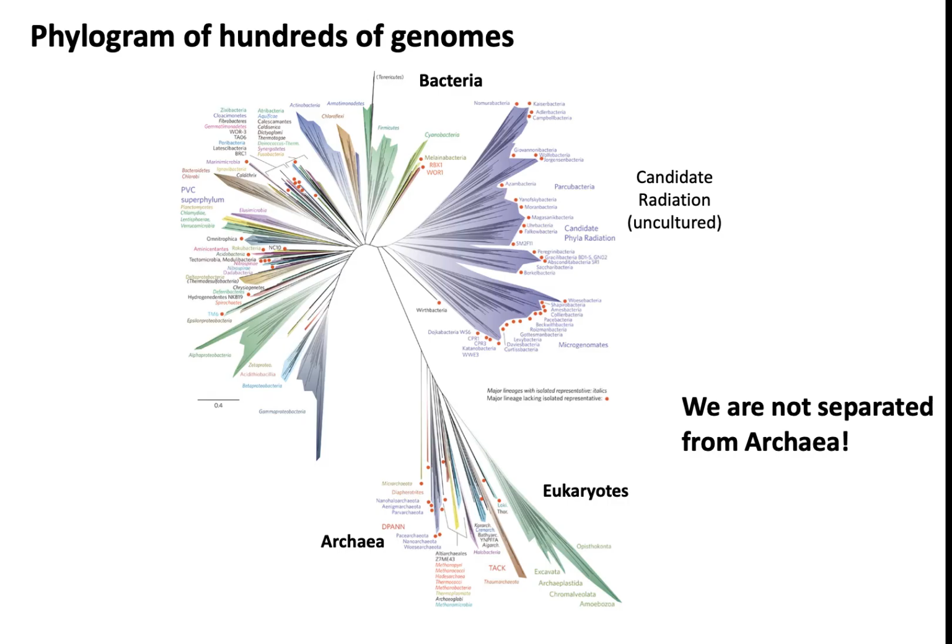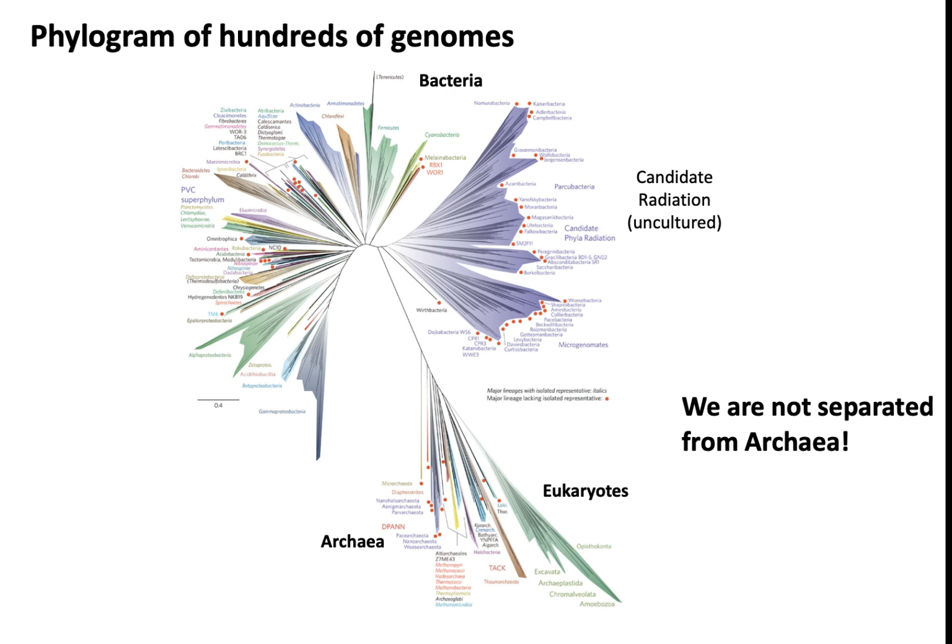And this is a more comprehensive phylogram showing the bacteria, archaea, and eukaryotes. And it shows that the eukaryotes are not very much separated from the archaea, which was indicated in the last phylogram I showed. Also, there are a lot of organisms that are only known by their DNA sequence, and they've never been cultured or studied in a lab microscopically or physiologically.